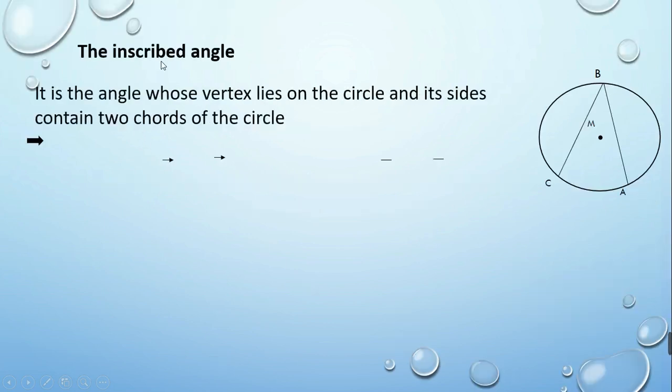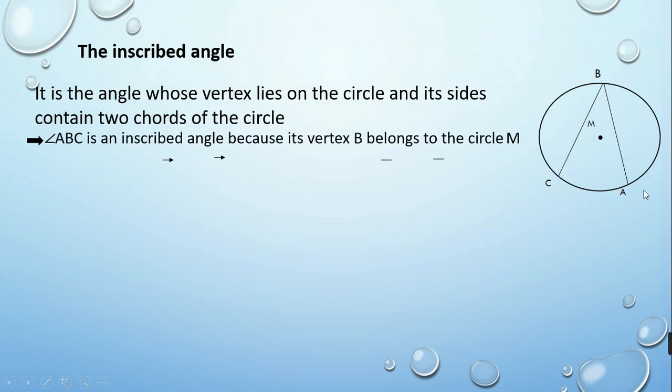The inscribed angle is the angle whose vertex lies on the circle and whose sides contain two chords of the circle. So, angle ABC: its vertex B lies on the circle and its two sides BA and BC are two chords of the circle.